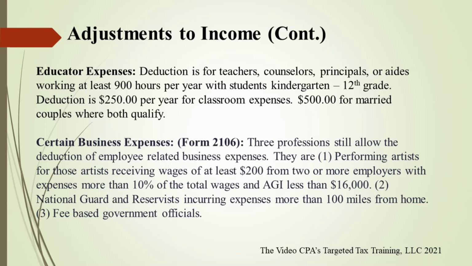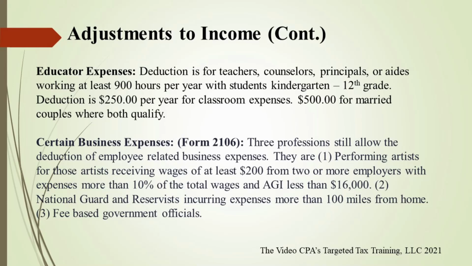So this is done in the adjustments to income area, and not a huge deduction, but something that I guess the Treasury Department and the Congress decided would be nice to throw at teachers and give them a little bit of a benefit. So that's your educator expense.